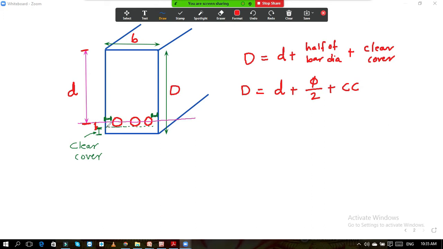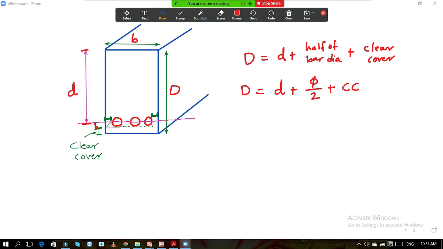I will repeat once again. For slab, 15 mm to 20 mm. For beam, 25 mm to 30 mm. For column, 40 mm. And for footings, 50 mm.